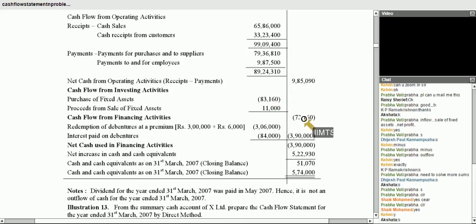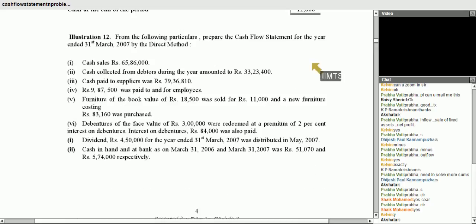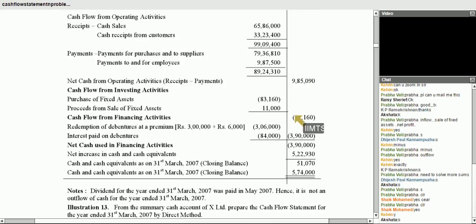The cash flow from investing activities is 72,160, because 83,160 was purchased and 11,000 was sold. So 83,160 minus 11,000 is 72,160.